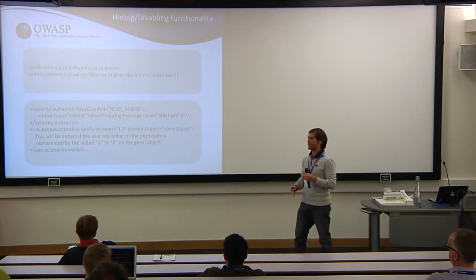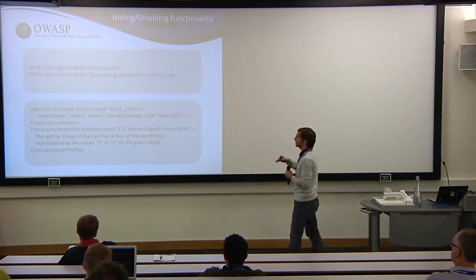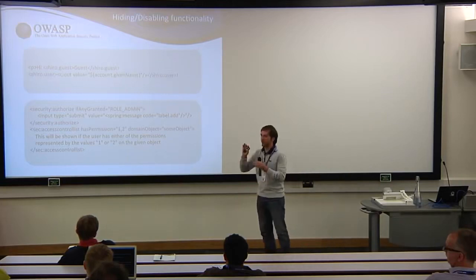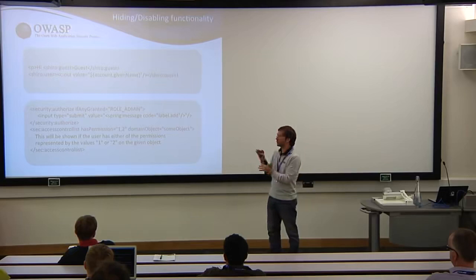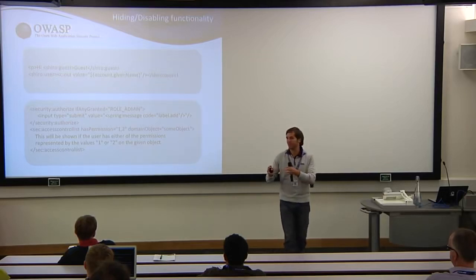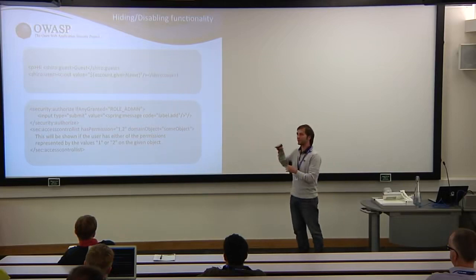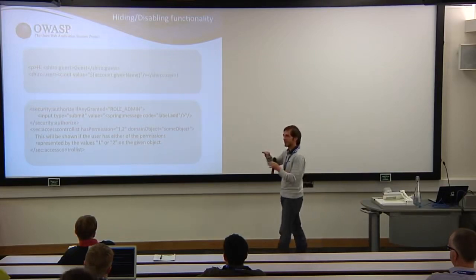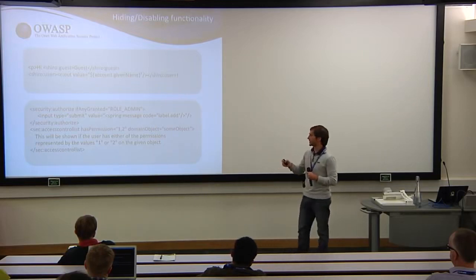A different place or layer where we can place authorization checks is the view layer. So we can do things like, I'm going to show these controls if the user is authenticated, or I'm going to show this greeting, for example, if the user is an administrator, or I'm going to show these delete and create account controls, like I saw before in the example, if the user is an administrator.